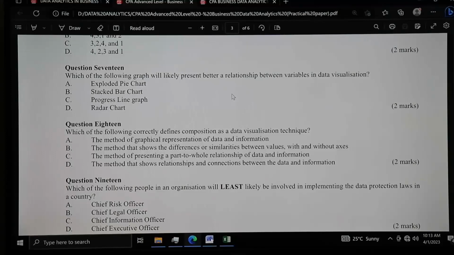Then the last question: under the data protection law, organizations will have to take steps to demonstrate they know the data they hold, where it is stored, and who it is shared with.